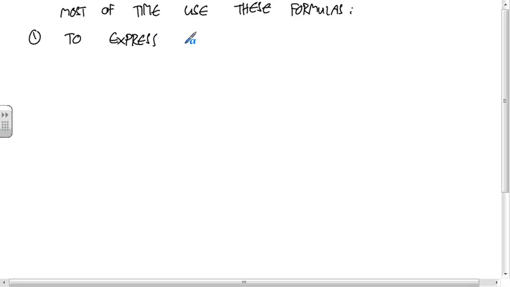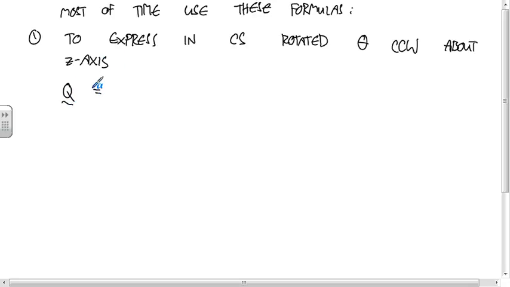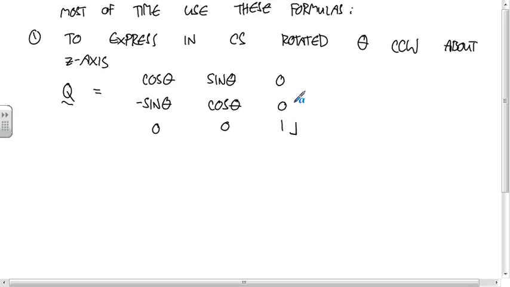To express in a coordinate system rotated theta degrees counterclockwise about the z-axis, your rotation matrix is going to be cosine of theta, sine of theta, 0, negative sine of theta, cosine of theta, 0, 0, 0, 1.